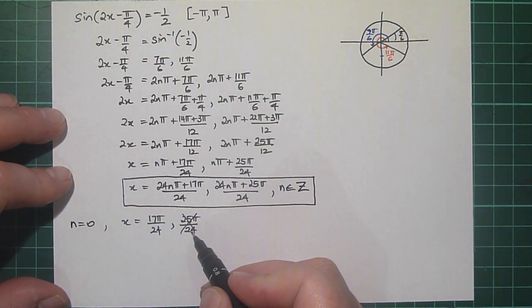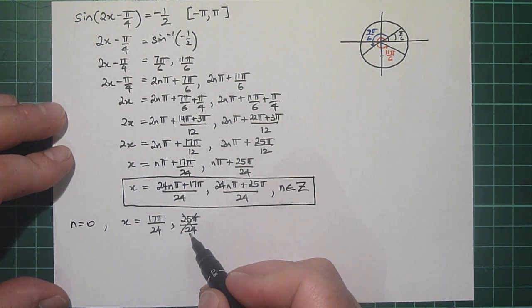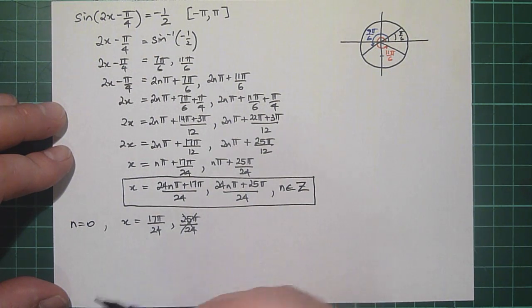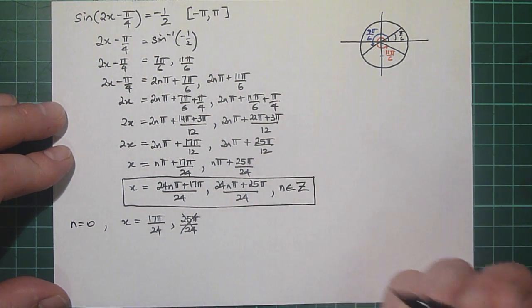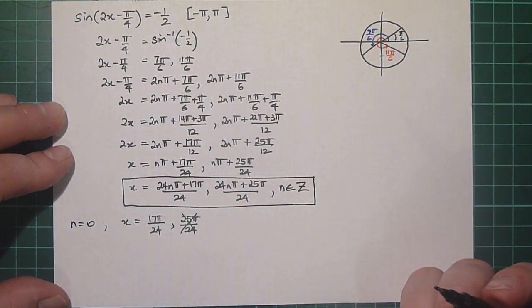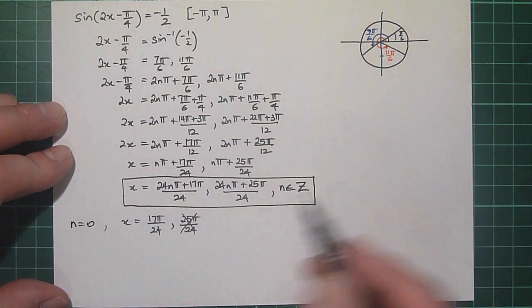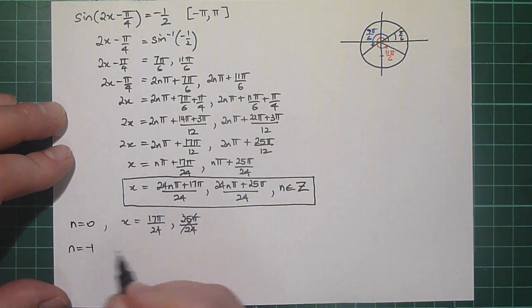And because that's not going to be a solution, it makes sense not to go to n equals 1 or n equals 2, because there are not going to be any more positive solutions around that part of the unit circle. So let's go backwards to n equals minus 1.